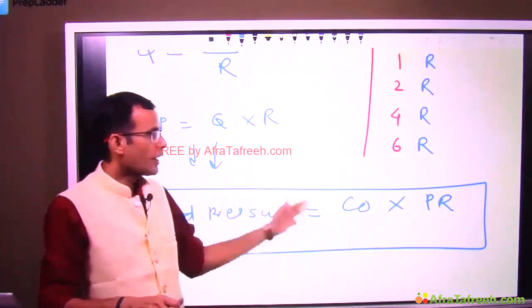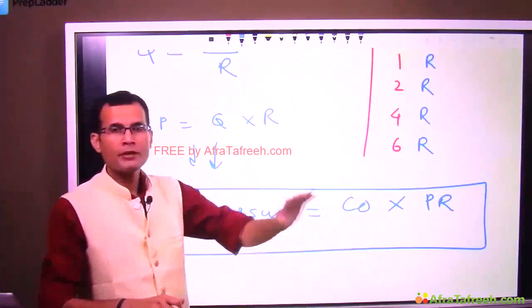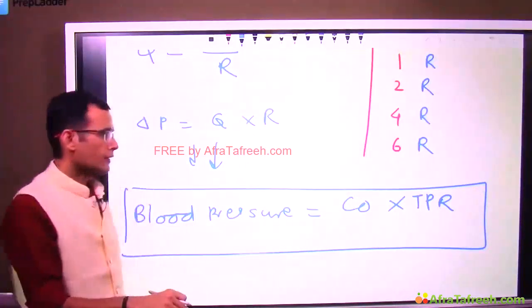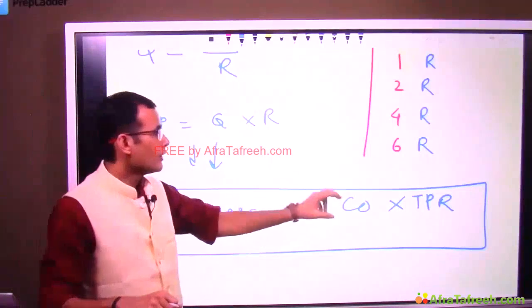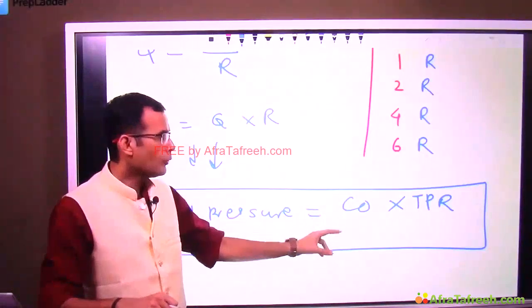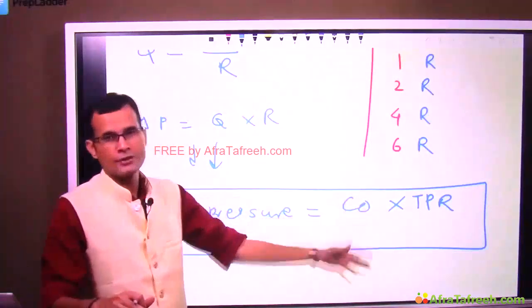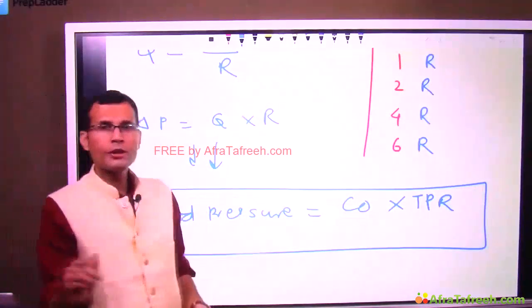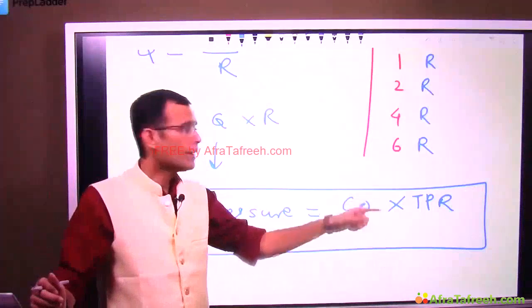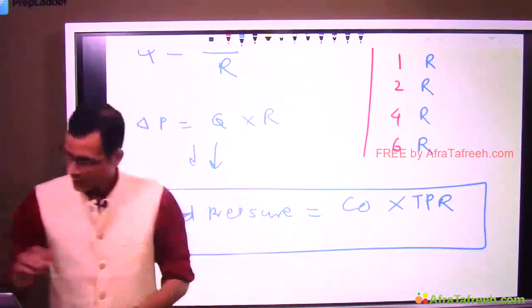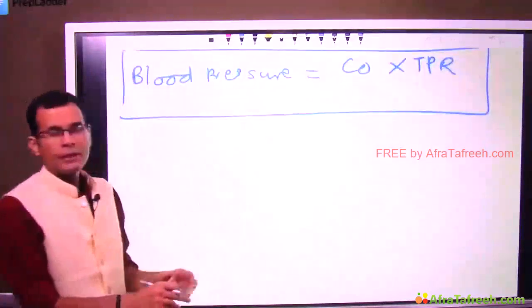It is equal to cardiac output into total peripheral resistance, TPR, the total peripheral resistance. So one factor related to the heart, that is cardiac output, the other factor related to the blood vessels, that is total peripheral resistance. And as I mentioned already, vasoconstriction will increase the resistance and increase the blood pressure. Right, these are the determinants.